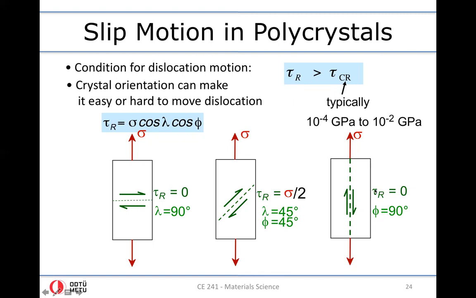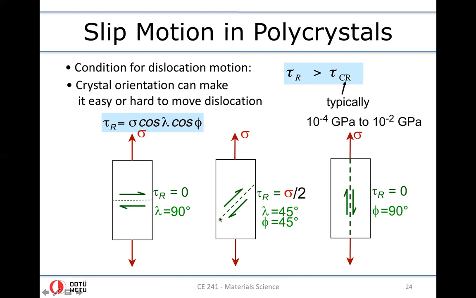In this case, on the other hand, the area of the slip plane goes to infinity. Therefore, the resolved shear stress becomes zero, as you see here, because cosine phi, remember, is the ratio of the gross sectional area to the inclined area. So when it is zero, the area of the slip plane becomes infinite. Therefore, the resolved shear stress will be zero.